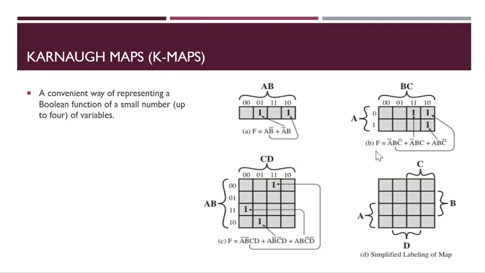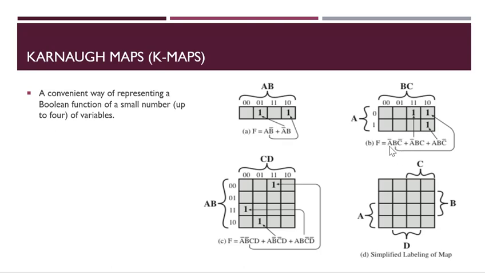So we move to the second example. The expression is A bar B C bar or A bar B C or A B C bar, right? This one is also an SOP Boolean expression. How do you mark it inside the K-map? A bar is 0, B is 1, C bar is 0. So you need to find cells containing A as 0, and BC as 1 and 0.